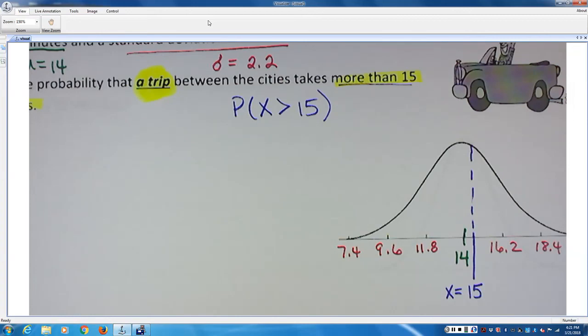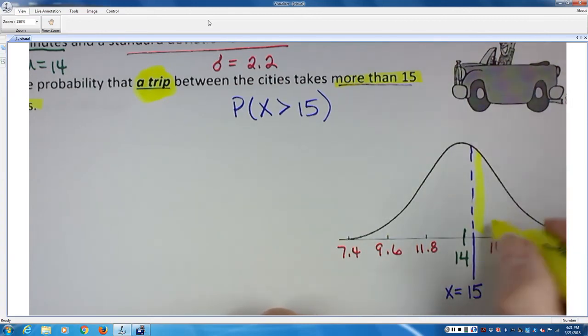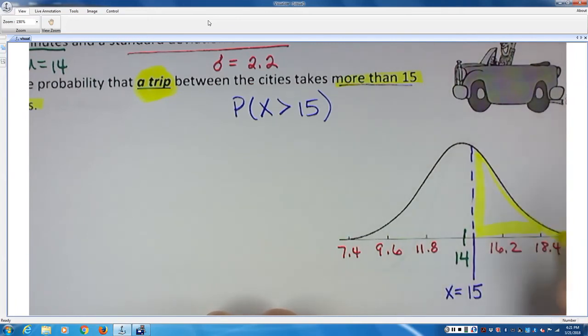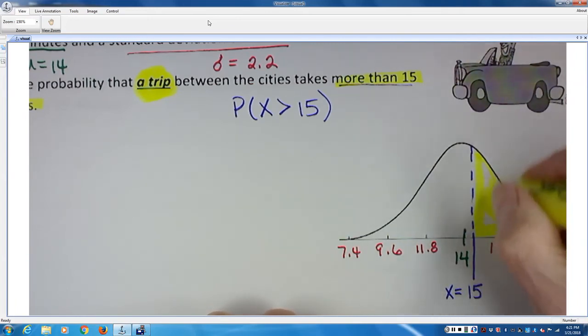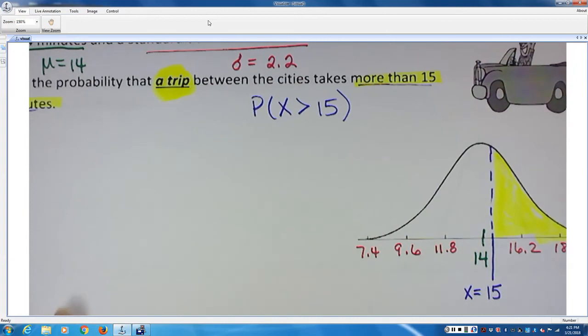So the probability that we're looking for is going to be less than 50%, but not a whole lot less, because we're looking at almost half the curve. Now you can do this with finding the z-score, like I showed you the last part of the lesson, or you can just go straight to the problem, which is the way that I'm going to do it.